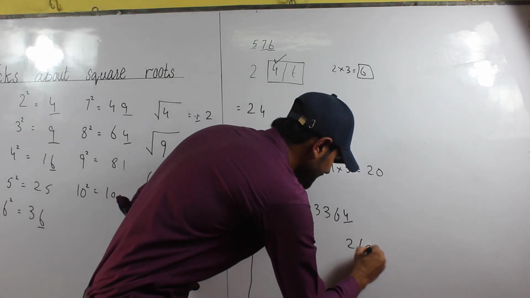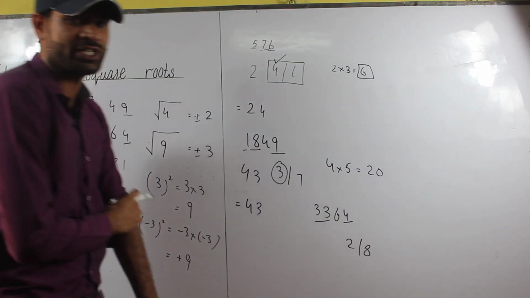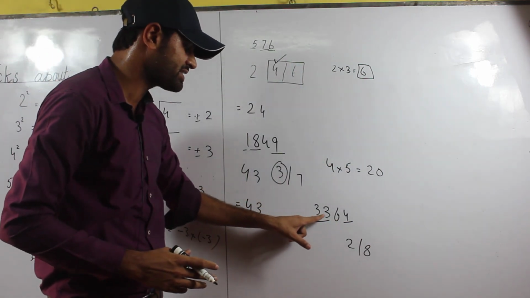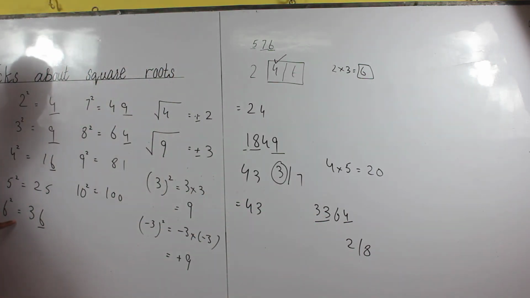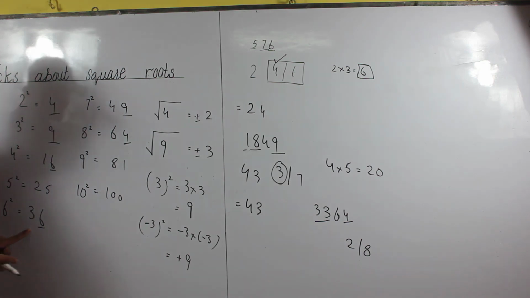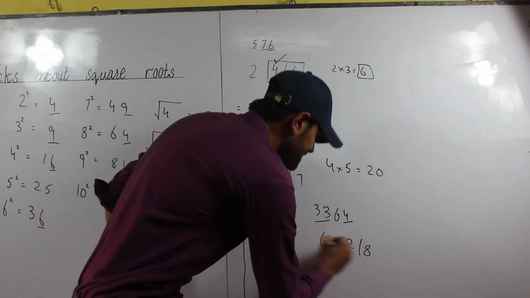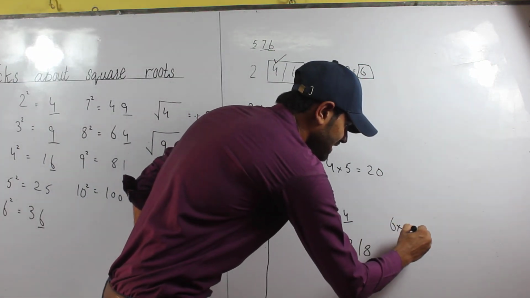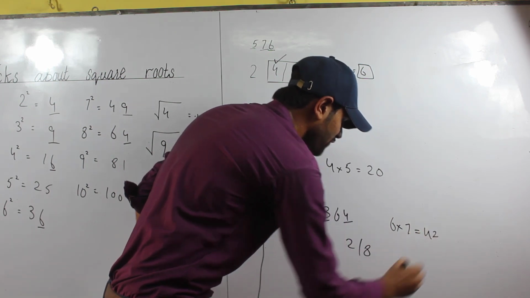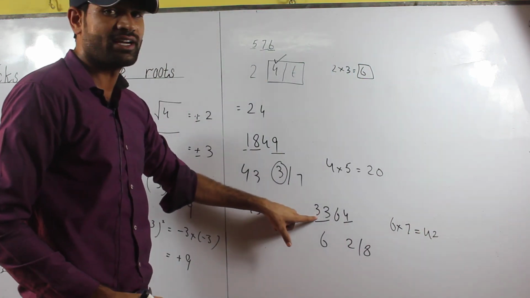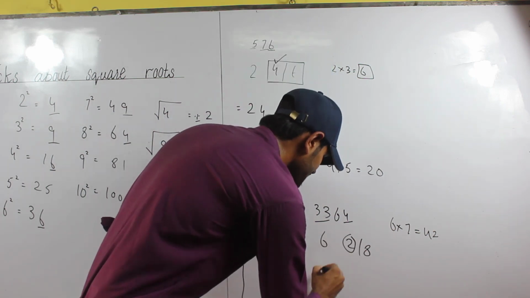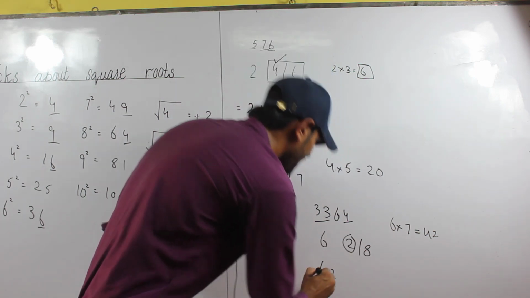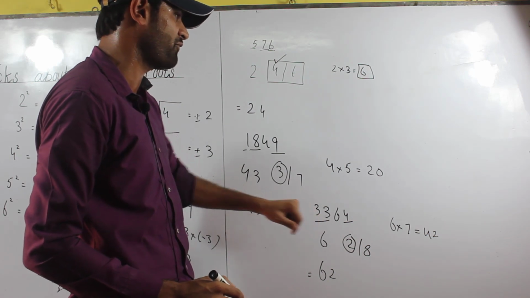Then I check the first two digits, that is 33, which is near the square of 6, 36. So I take 6, then multiply 6 with the next number, 7, that is 42, but 33 is less than 42, so I choose the smaller number. So 62 is the square root of 3364.